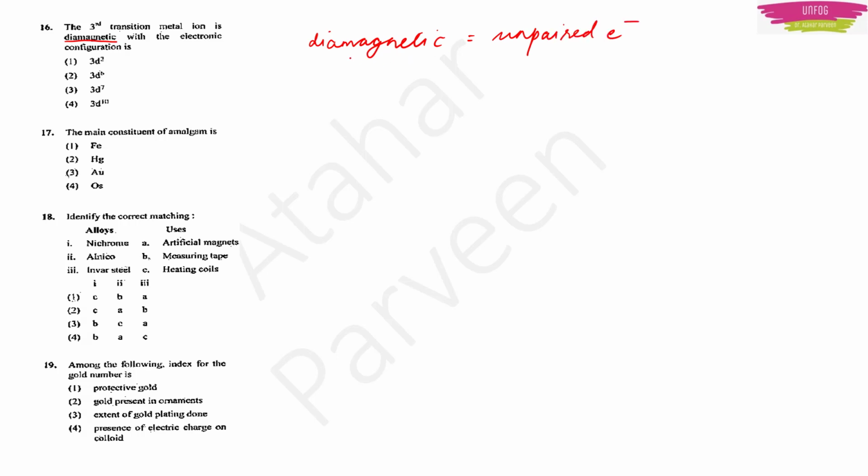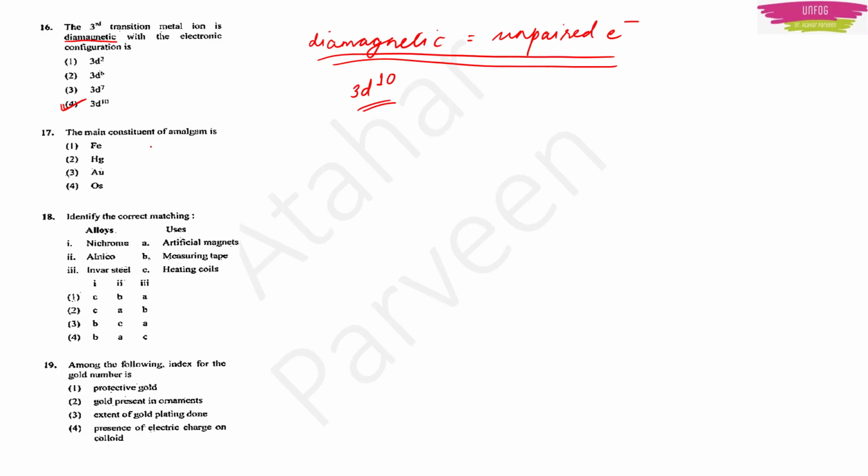Is 3d10 somewhere here? Yes, option number 4. So it should be 3d10. This transition metal ion will have diamagnetic nature.